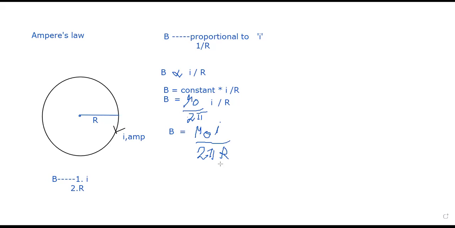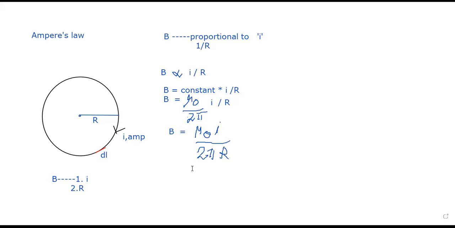We divide this 2 pi R circumference into small elements. If I divide this circumference into small elements whose length equals dl, then the integral of dl equals the total circumference.